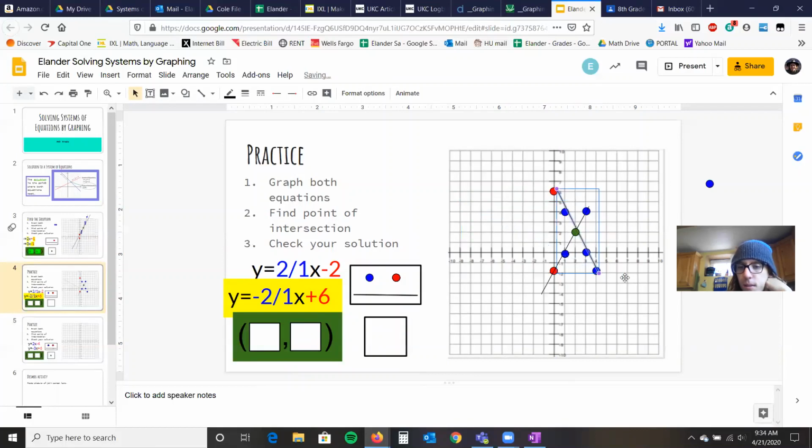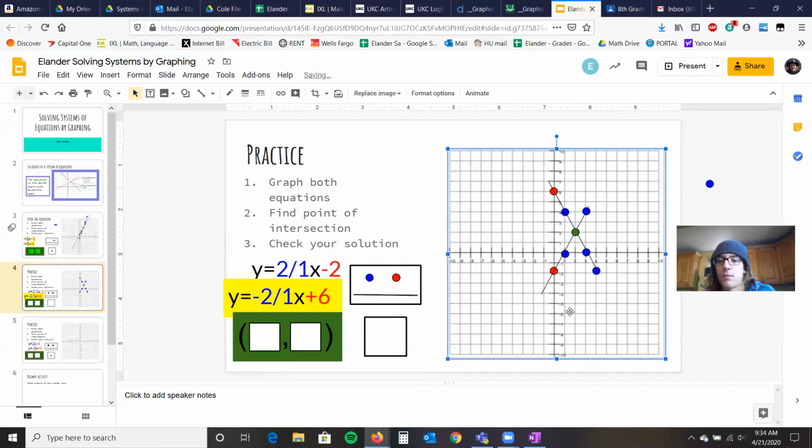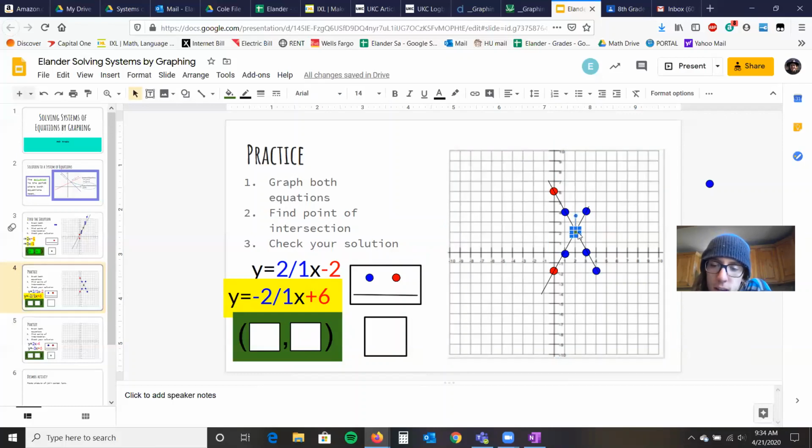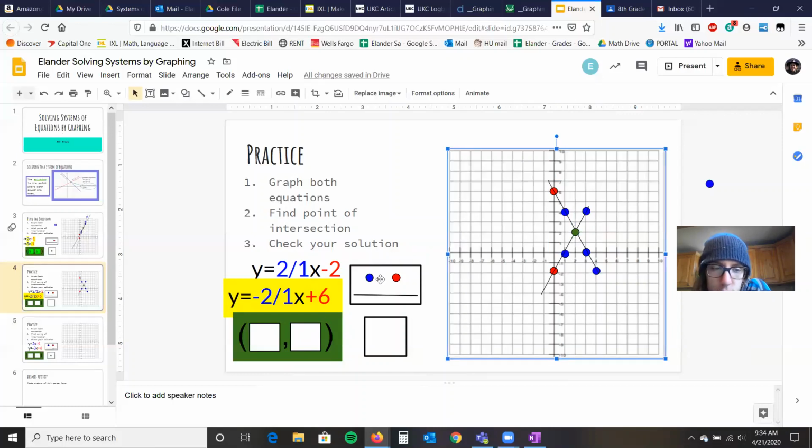So we say, all right, here's our 2 lines. Close to it anyway, right? It's a little hard to do it here instead of paper. But we've got our 2 lines, right? And they're intersecting right here. That is our solution. So what is our solution, Emmett and Edna? What would our solution be on this one?